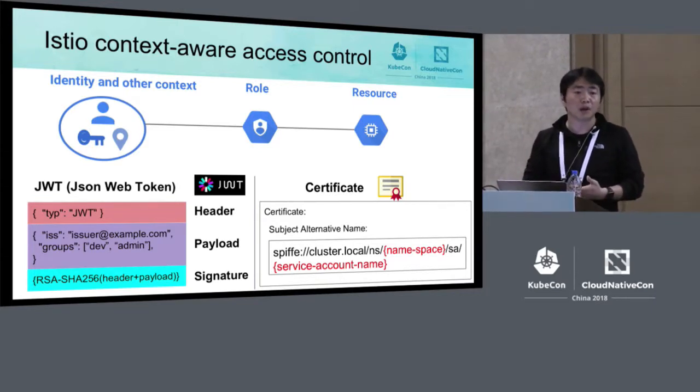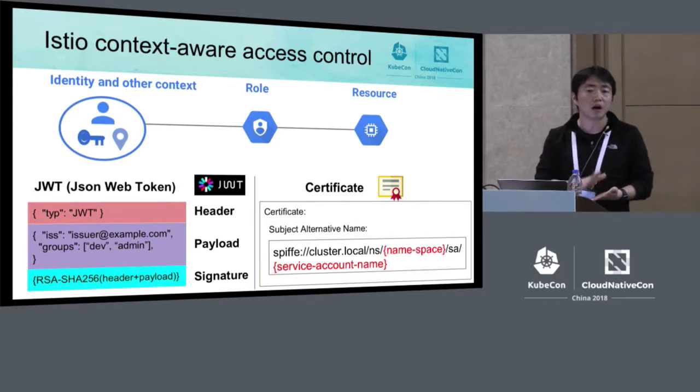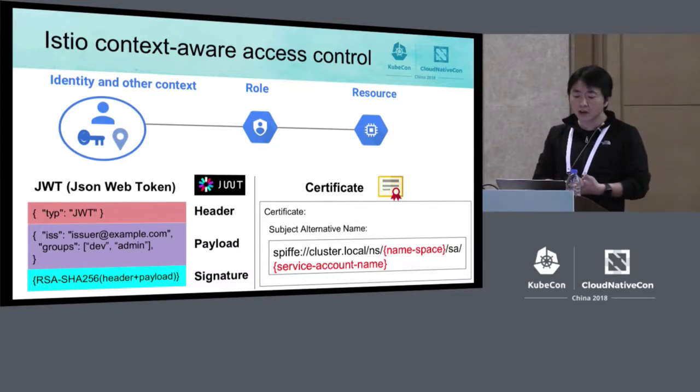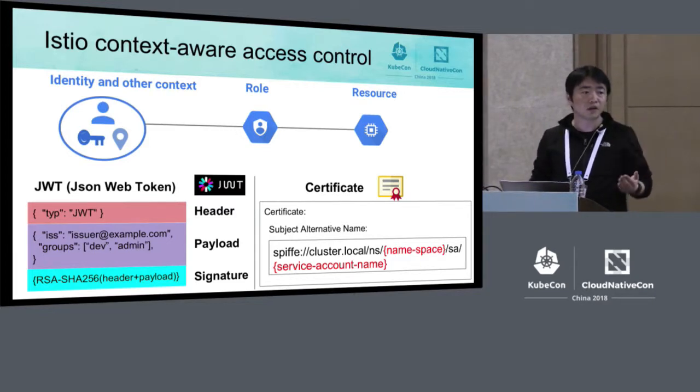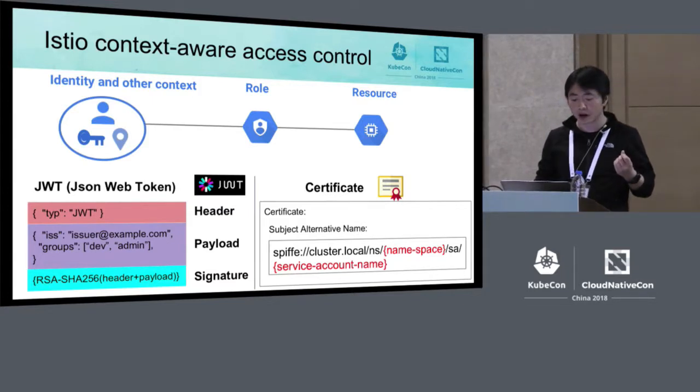It can also be obtained by the data plane, by Envoy. At the same time, the identity can also be represented by a certificate. Istio follows the SPIFFE standard for the identity in the certificate. With this identity scheme, the service identity of a workload is represented by the namespace and the service account name.